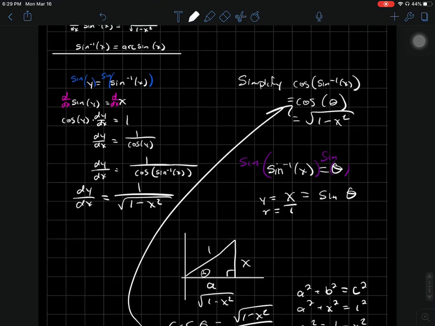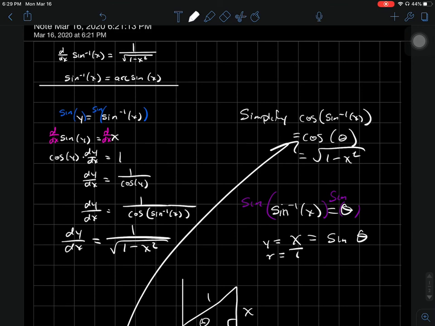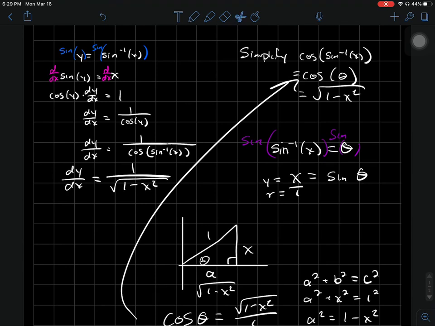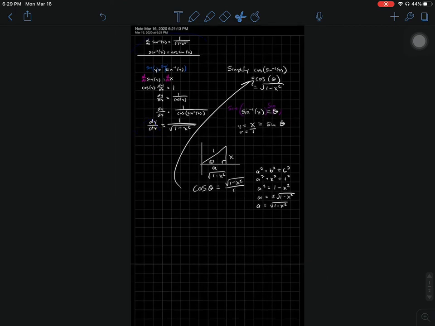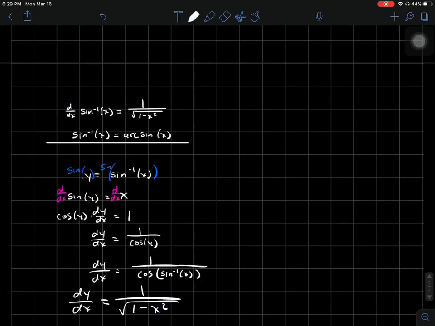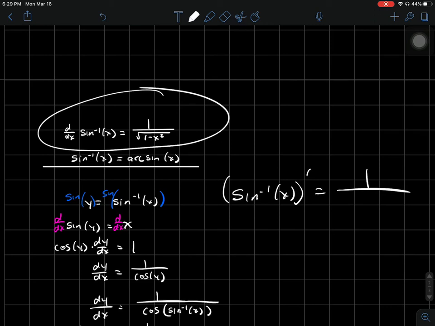Hopefully that's helpful. Now you'll notice the formula that we used, let me revisit this for a second here. Let me bring this whole thing down here. So focusing on this right here, we are saying that sine inverse of x, its derivative, is 1 over this mess.